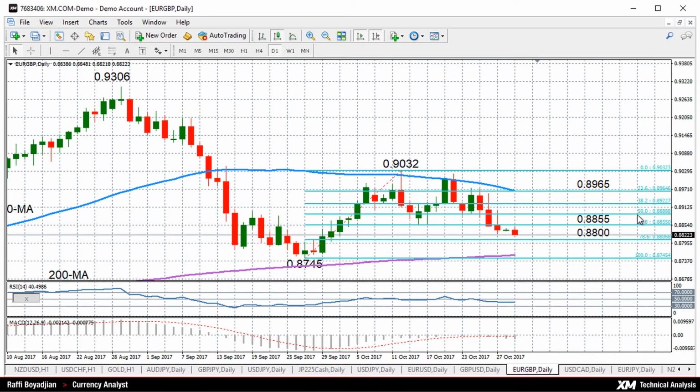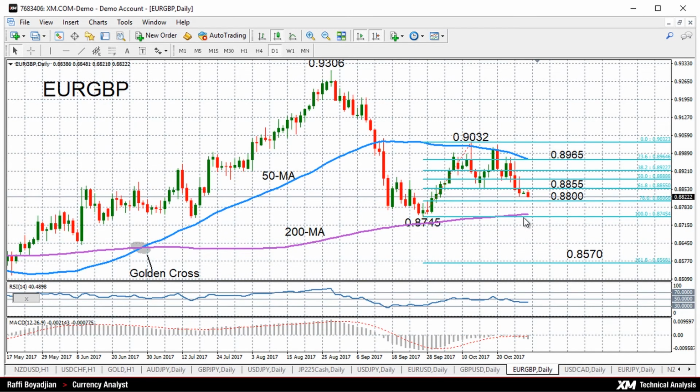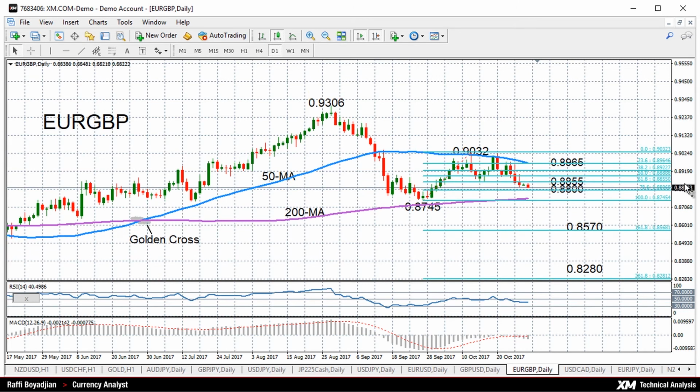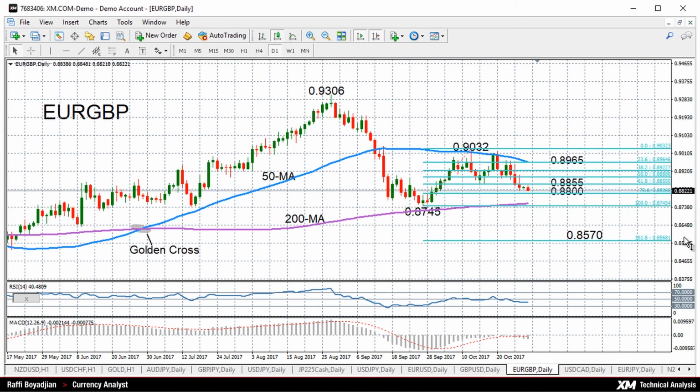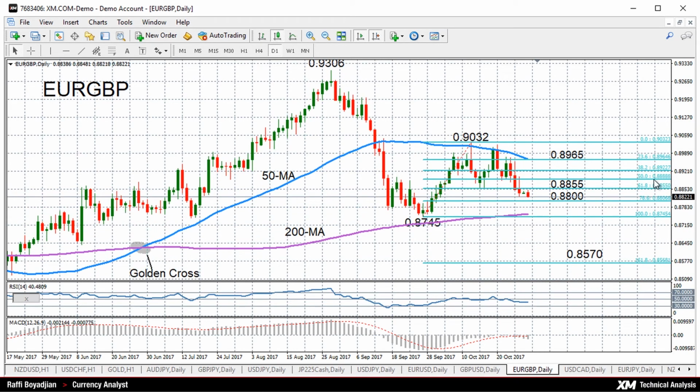Below that we have the 0.8750 area, which is also where the 200-day moving average is currently heading towards, and then further downside we could see potential support levels at 0.8570 and 0.8280. Those are the 161.8% and 261.8% Fibonacci retracement levels respectively.